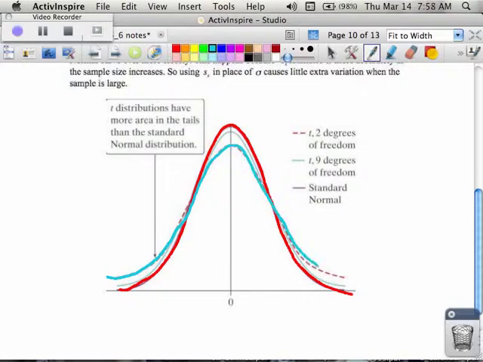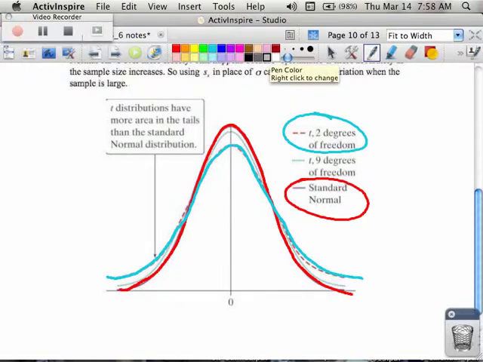That means there's more probability of it happening in the tails, and our peak is lower. This was 2 degrees of freedom, and the red was our regular z or normal curve. As I increase the degrees of freedom in my distribution, what I notice is that my t distribution becomes much closer to my standard normal curve, or my z.